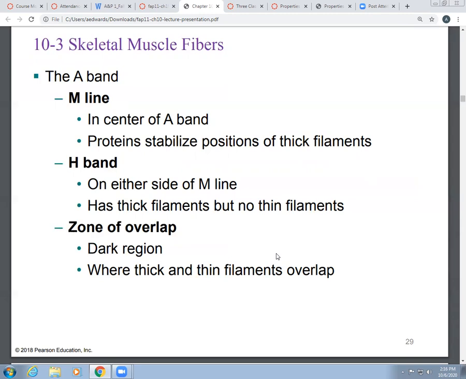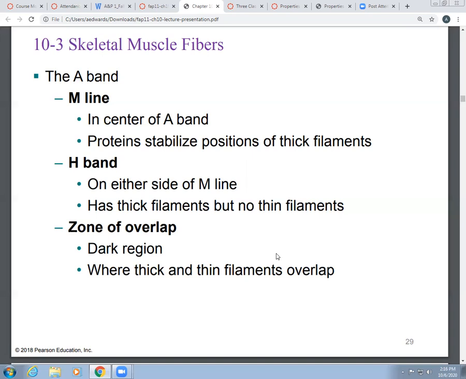Okay. So, all right. The M line. It's in the middle or the center of your A band. And the proteins in the M line, okay, they are going to stabilize the positions of the thick filaments, okay?